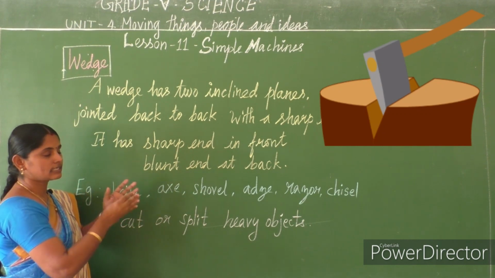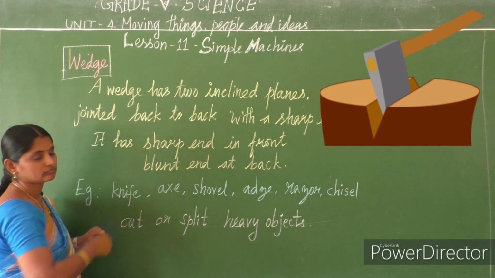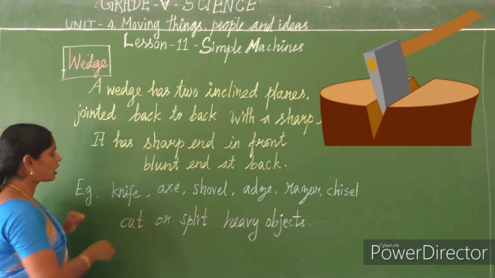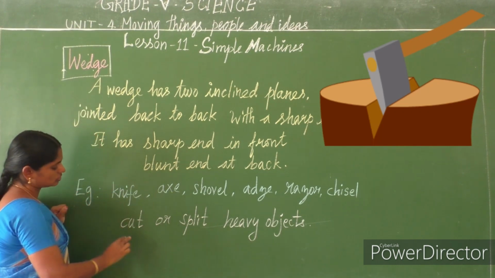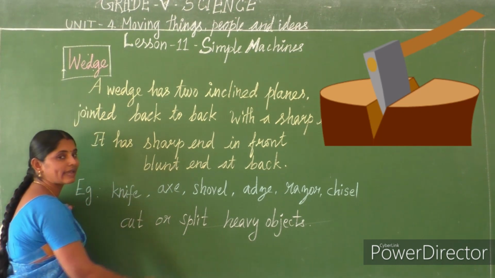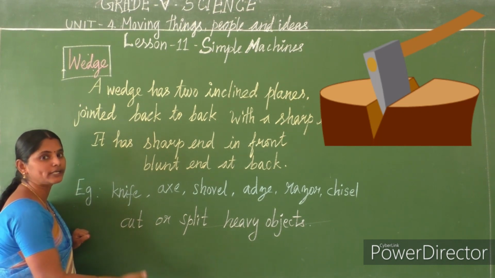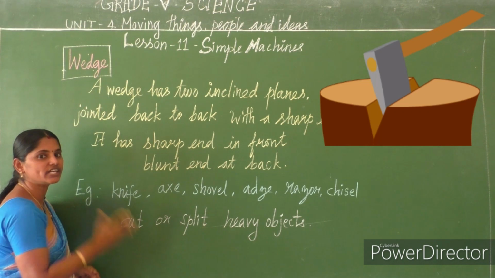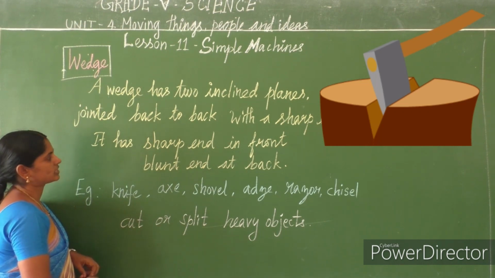See, he is using the axe, isn't it? So we are using this kind of wedge to cut or split heavy objects. To cut or split heavy objects.